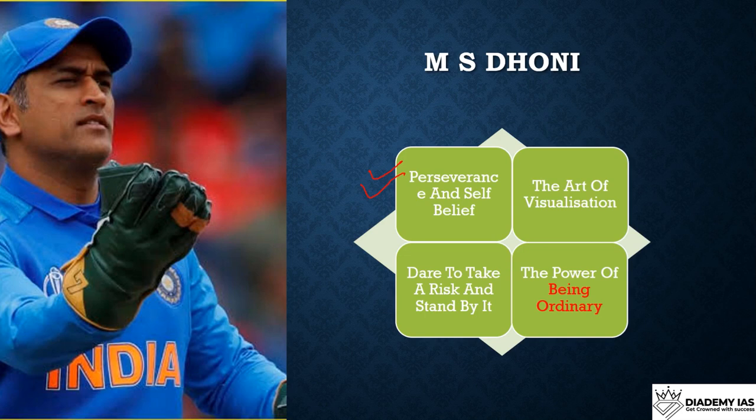He kept practicing, even though he was not so famous. In under 19, he didn't even get a chance many times, which other people got. So still he came on to become one of the greatest. Art of visualization: he used to visualize hitting sixes, okay, and definitely he was able to do that, right? He used to take risks.